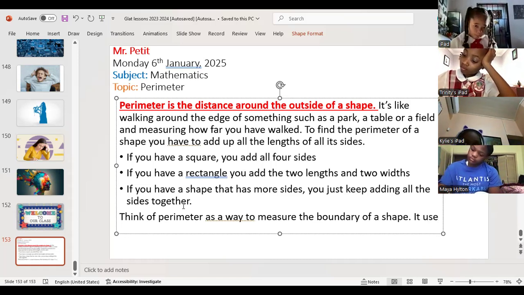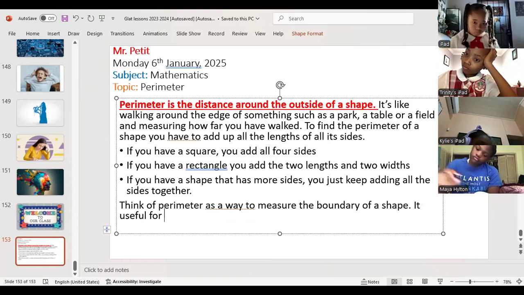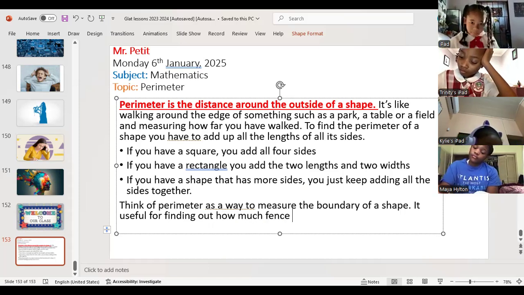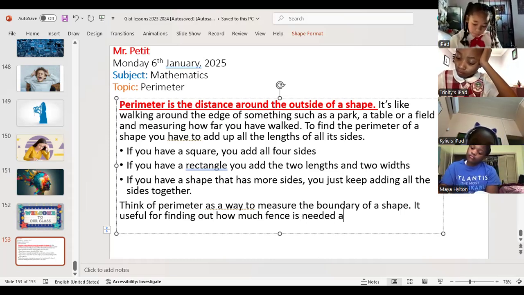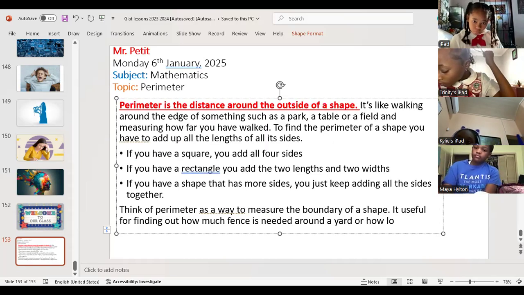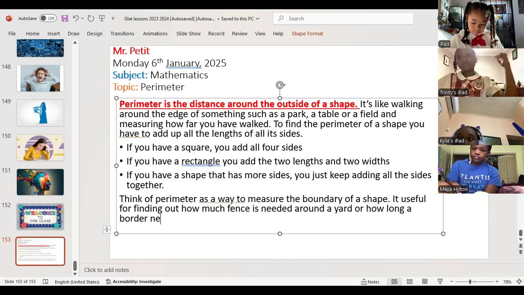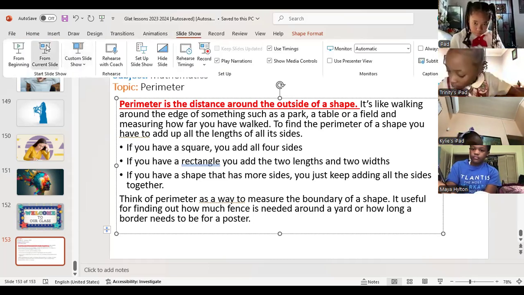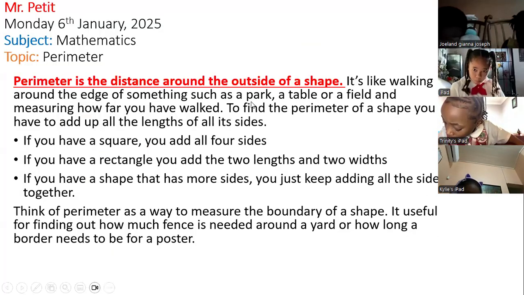So it's useful for finding out how much fence is needed around the yard, or how long a border needs to be for a poster. Maya, can you read this for me? Start with the perimeter is the distance around the outside of a shape.